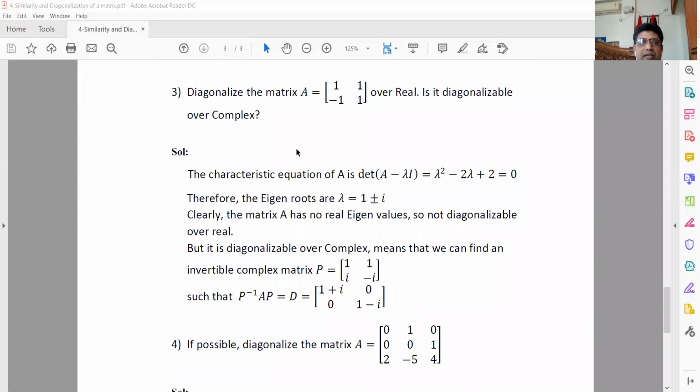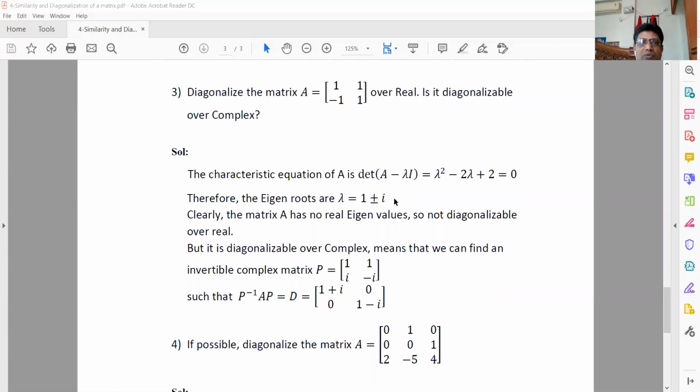Third question is here: diagonalize the matrix A, 1, 1, minus 1, 1 over real. Is it diagonalizable over complex, he is asking. So first we will diagonalize this over real. For that I calculated the eigenvalues, and I got complex eigenvalues.